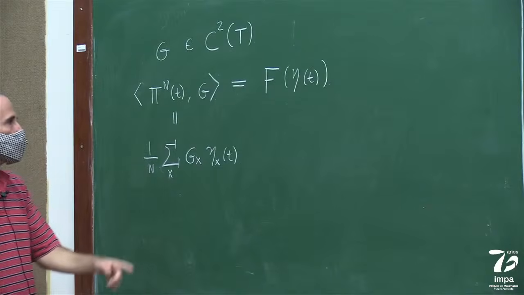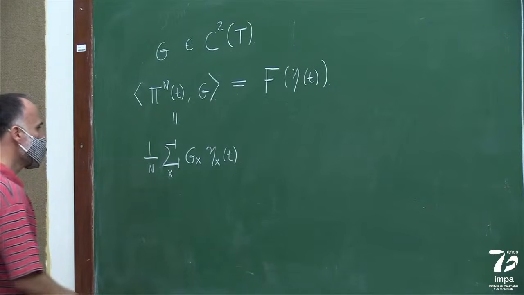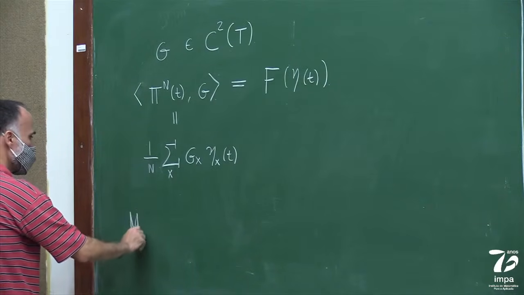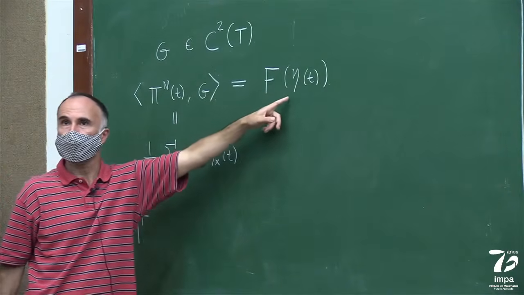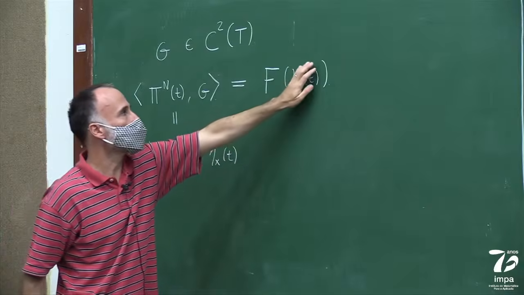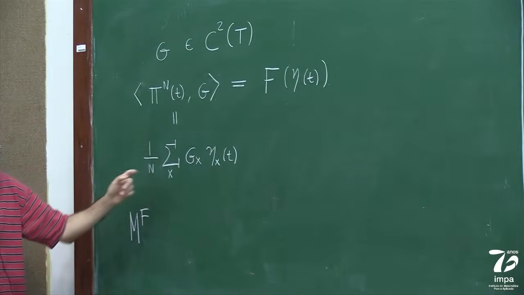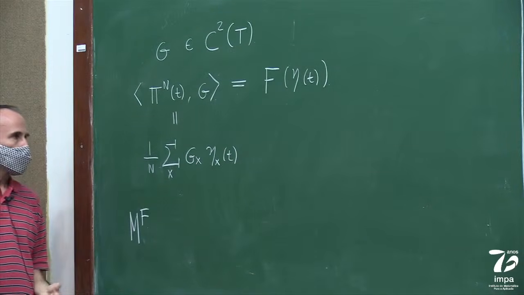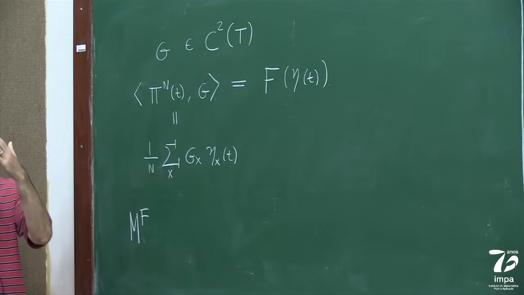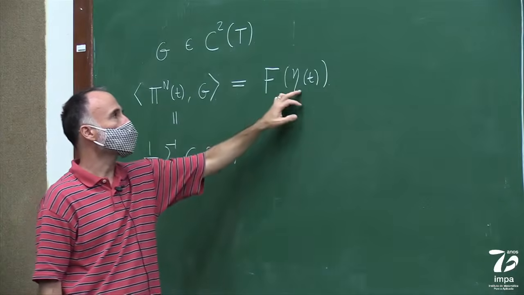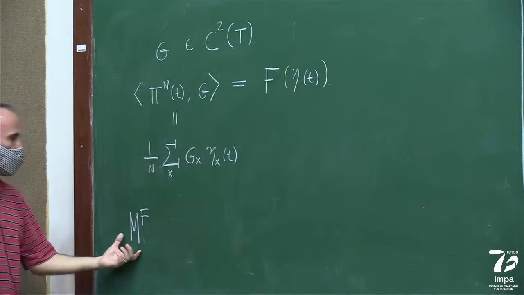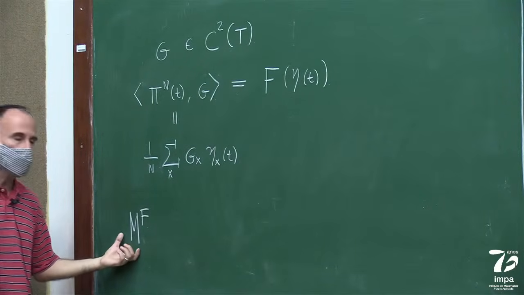So the martingale I want to construct is the martingale associated to this function. This is a function of the configuration. Give me a configuration, here's the value of this function. Now, we have seen that if I have a Markov chain x t, I take a function of x t, then I can construct a martingale.